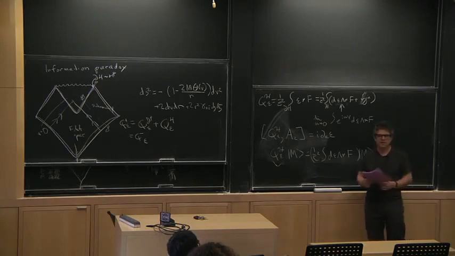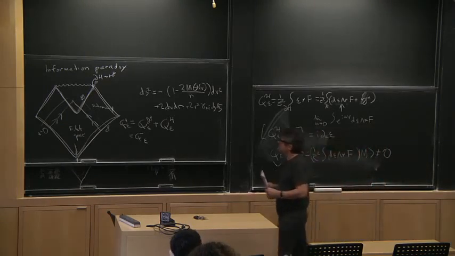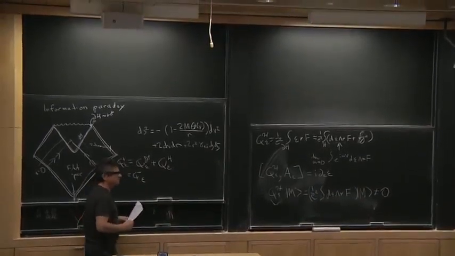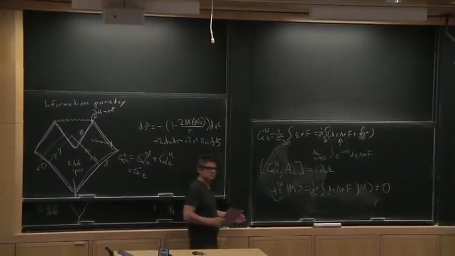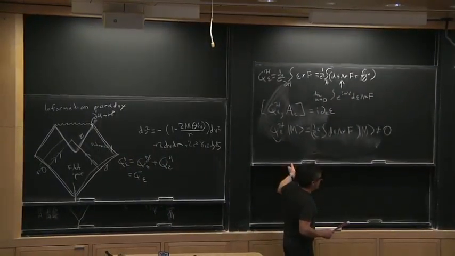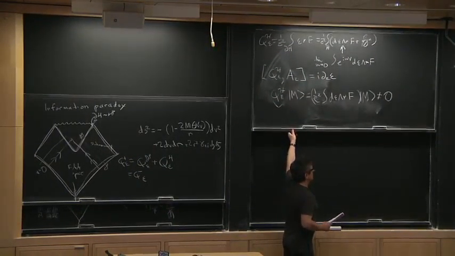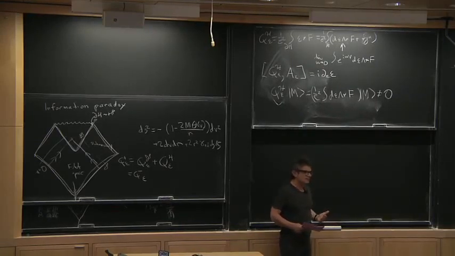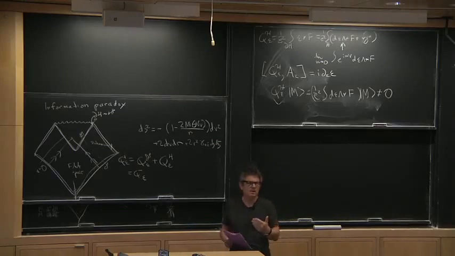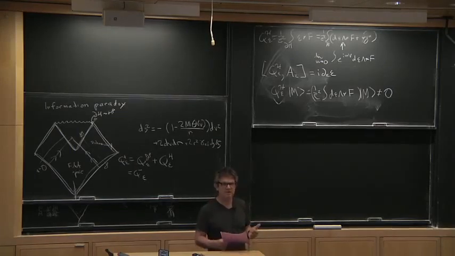Okay, any questions about that? So black holes have an infinite degeneracy, in the same way that the vacuum at scri has an infinite degeneracy.